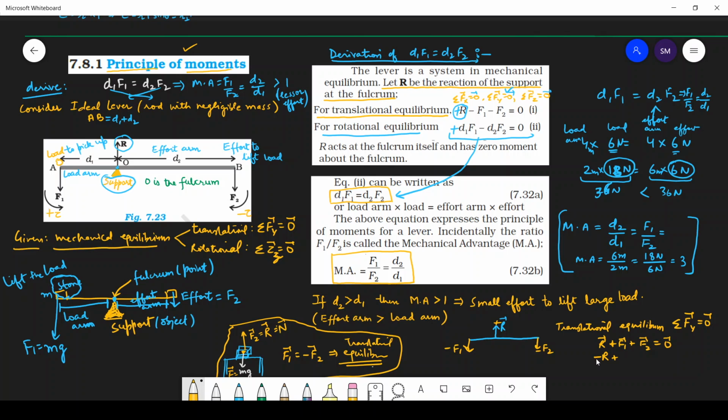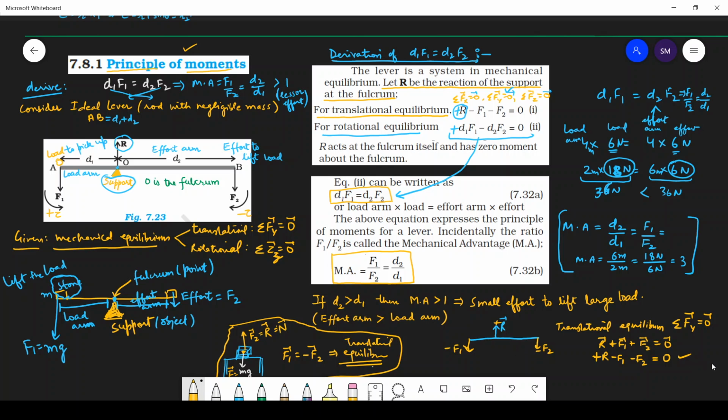So this is the direction and this is the magnitude R. Now F1: this is the magnitude, and the direction is minus, so minus F1. Similarly, the magnitude of F2 is F2 and the direction is downward, which is negative, so minus F2. And that is equal to 0. Is this clear? The direction is positive for R, and negative for F1 and F2.